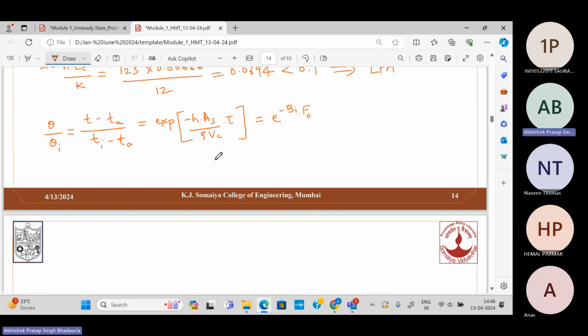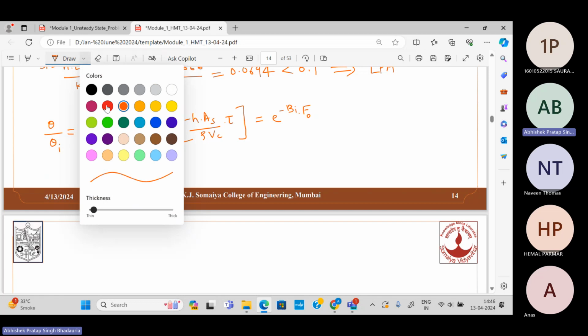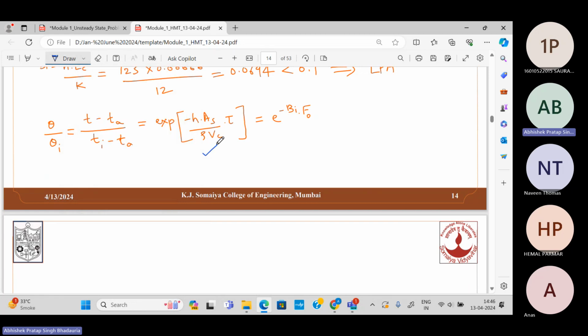Generally I can find the solution either by using this expression or this expression. So I'm going to use this expression, and let me simplify this term so it will be easy for making the calculation.